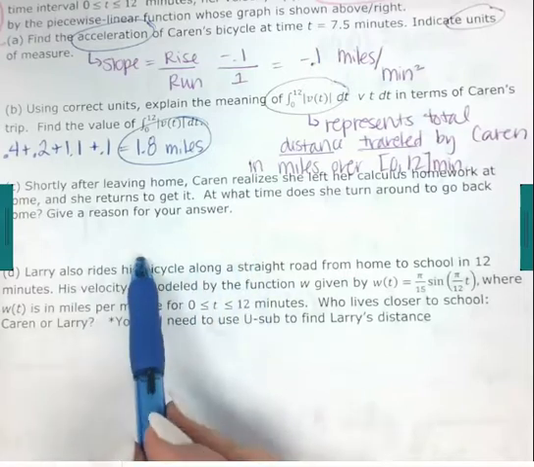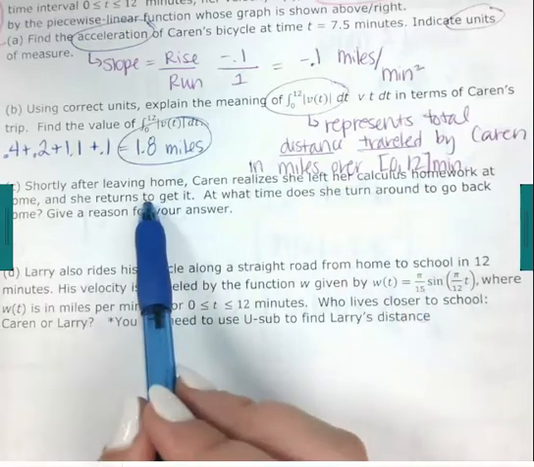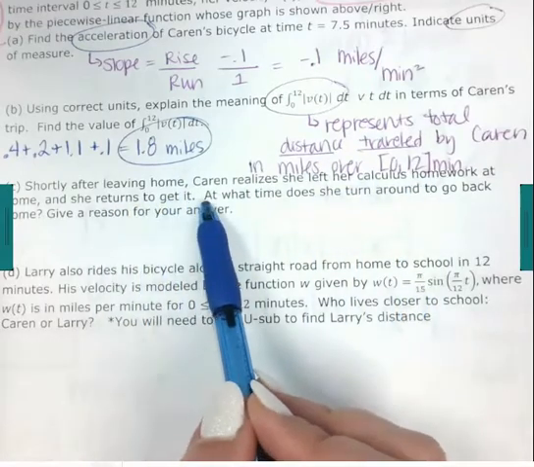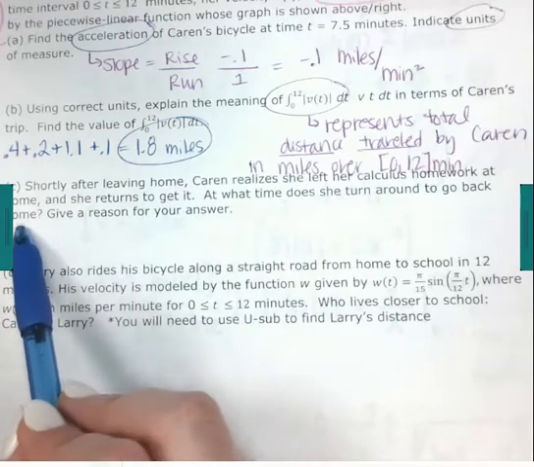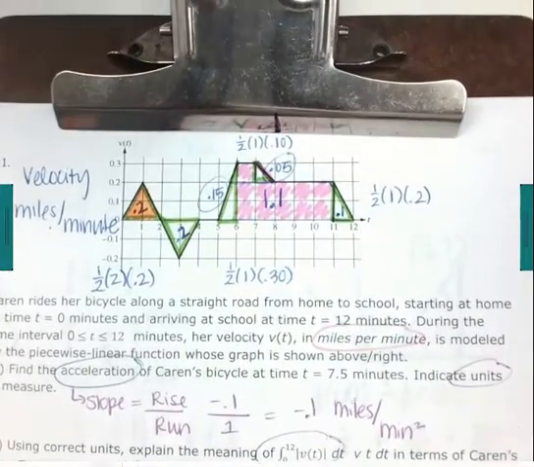Okay. Part C says, shortly after Karen left home, Karen realizes she left her calculus homework and she returns to get it. At what time did she turn around to go home? 24 is not even on the chart.